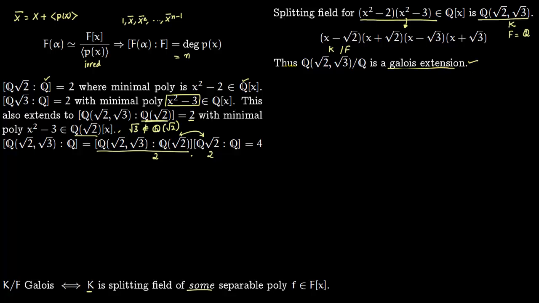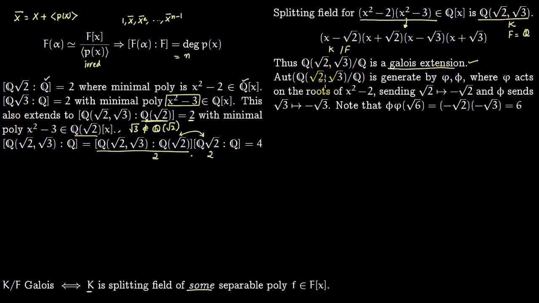So the Galois group, or the group of automorphisms of the rationals adjoined with root 2 and root 3 over the rationals, is generated by two elements. One is varphi and another is phi. So what do these two elements do? Varphi acts on the roots of the first irreducible polynomial, x square minus 2.